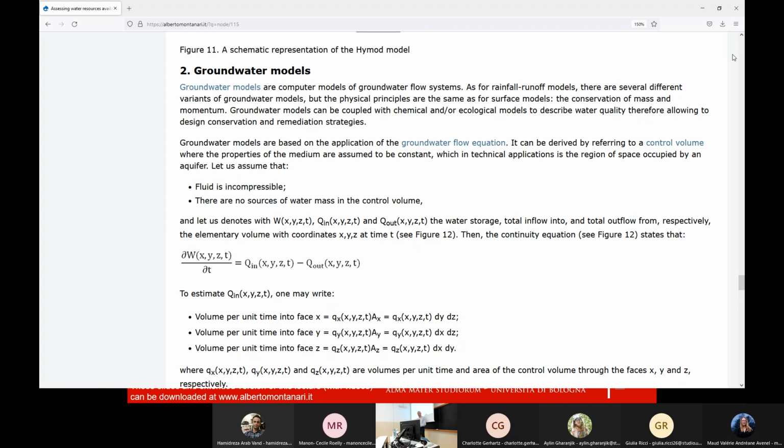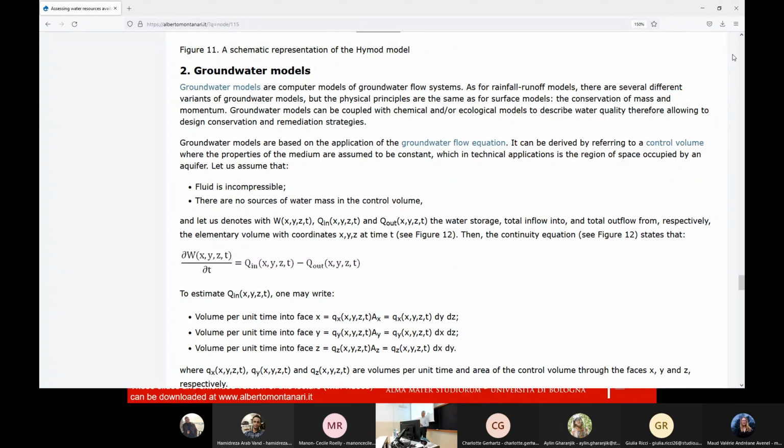With groundwater models, the data are more sparse. The situation is also different with respect to surface water, because for surface water, the domain, the catchment, which is the collector of surface waters, is very well defined and can be very well identified with simple reasoning by following the divide. For groundwater bodies, the geometric characterization is much more difficult.